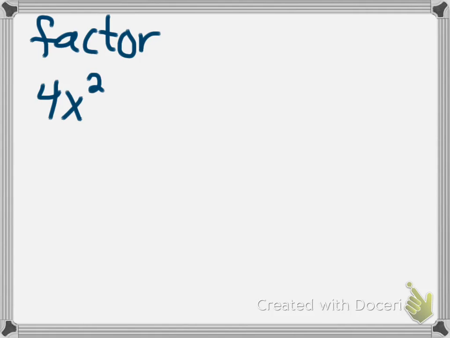What if I were to ask you then to factor, let's say, 4x squared minus 12x. Here let's go again and think about what this greatest common factor is. Numerically, it's a little bit easier. If you start at just the numbers and deal with the variables later, sometimes that's a little bit easier.